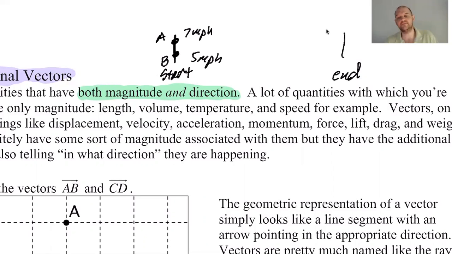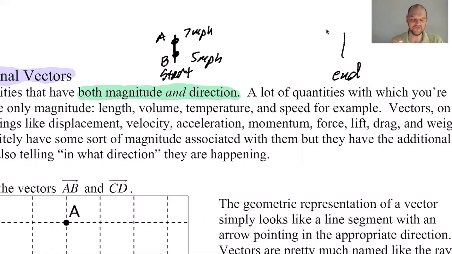If someone said, who are you going to bet on? Well, you're obviously going to bet on A, because A is going to go 7 miles per hour and B is going to go 5 miles per hour. There's no way that B is winning this race. That's based on their speed. But what if you knew the vector that they were going to go? So you knew the magnitude, 5 miles per hour or 7 miles per hour, and the direction.